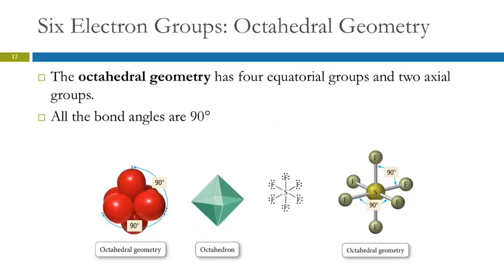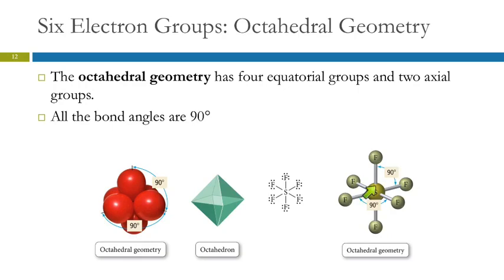Octahedral geometry, let's add another balloon. So we stick a 6th balloon on there, and now we have what's called an octahedral geometry. If you make a solid out of this, you get an octahedron. It's got 8 sides. All of these angles are the same now. They're all 90 degrees.